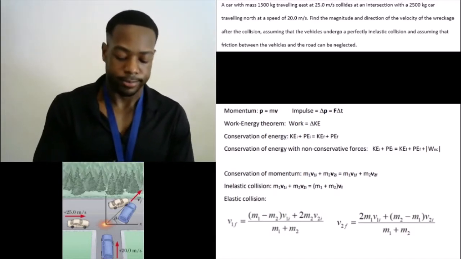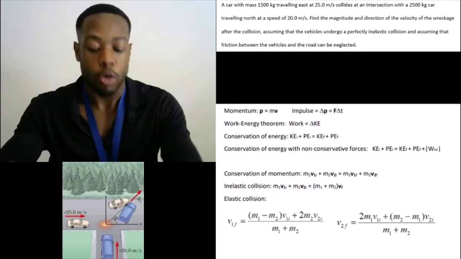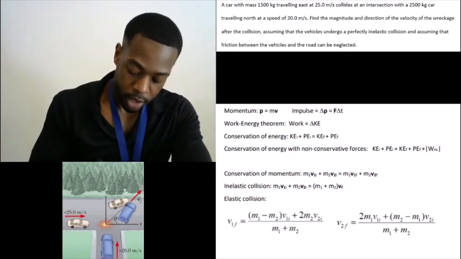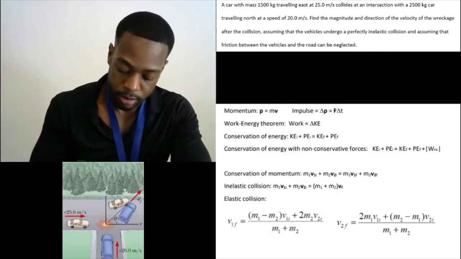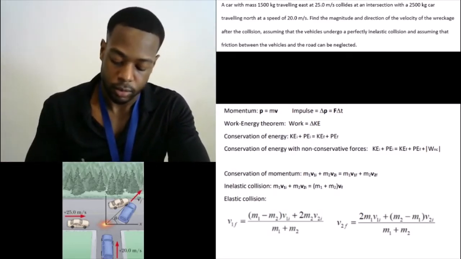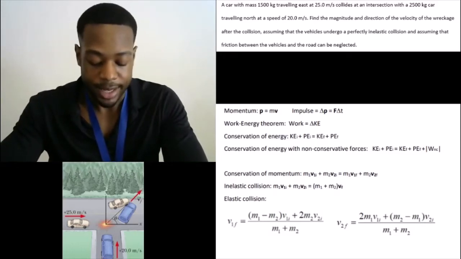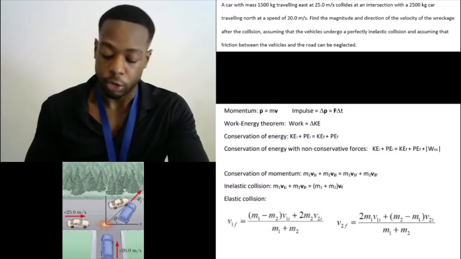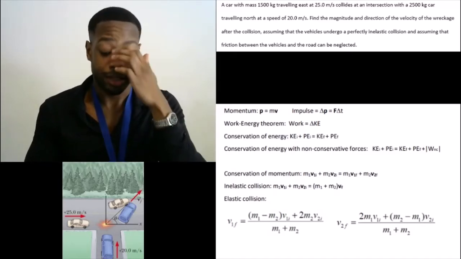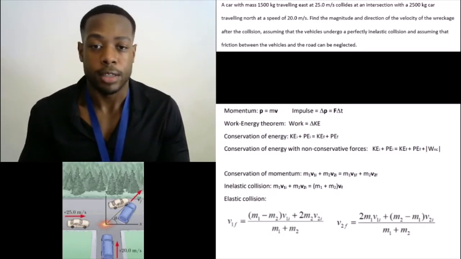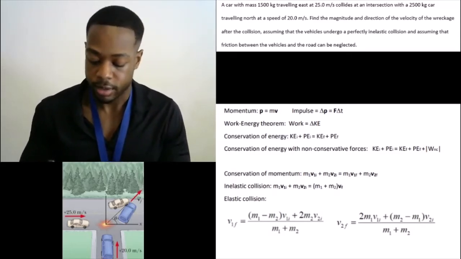And then mass 2, which is 2500, times velocity 2, which is 20. And that is it. It should equal the sum of the two masses, which would be 4,000 again, times the final velocity, which we've not found yet.